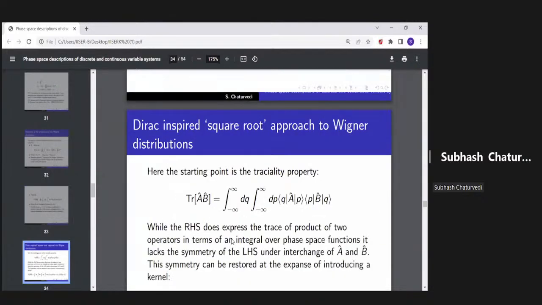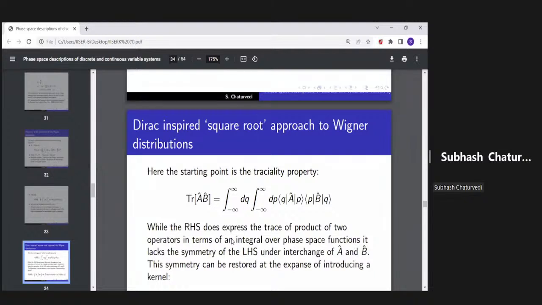Now I will quickly outline another approach to Wigner distributions. Remember that what we have done so far is through ordering prescriptions of various kinds, and in particular the symmetric ordering prescription led us to the Wigner function with the properties that I have listed earlier.